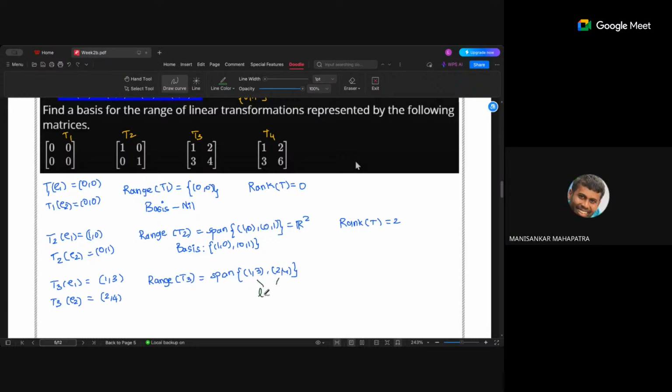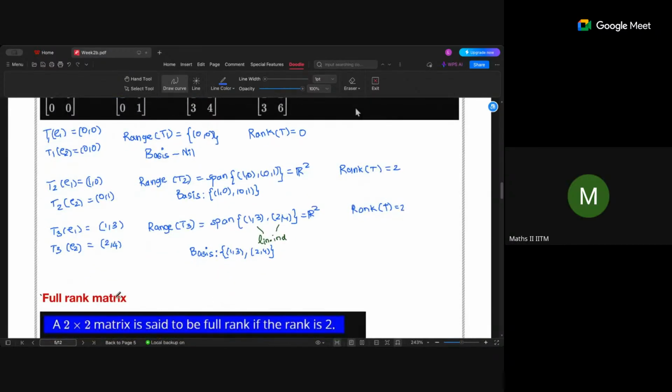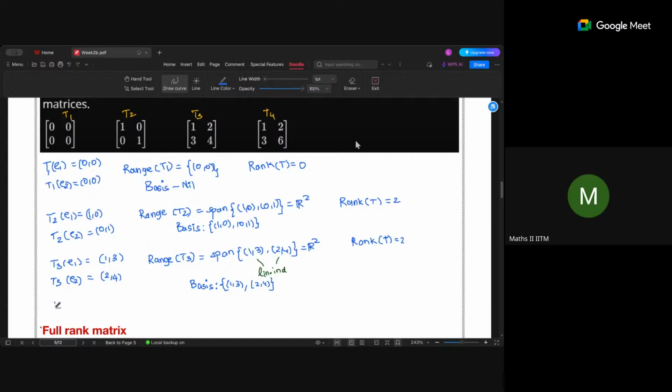Yes, ma'am, they are linearly independent. So if they are linearly independent, what should the span be? The entire R2. And again, the rank is 2, right? And what about the basis? Any two linearly independent vectors. Yes, in fact, you can simply take these two vectors here, or any vectors which are linearly independent. Okay, what about T4 of E1?